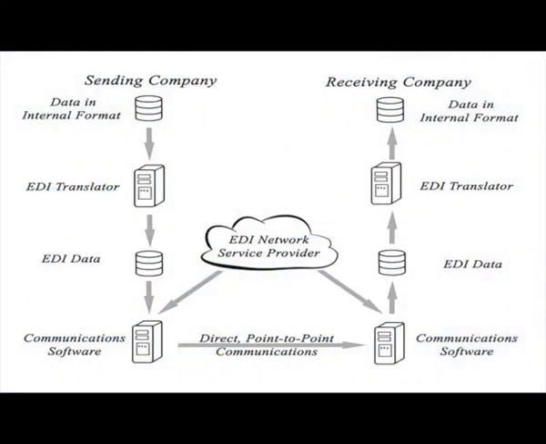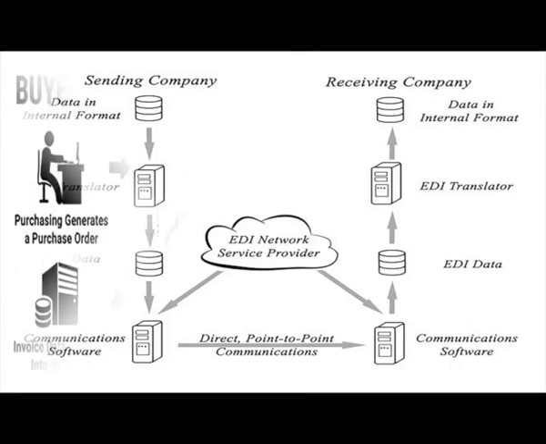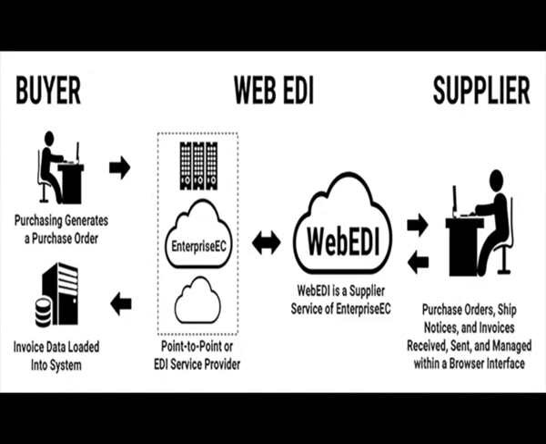The next is internet-based EDI. Recently, internet-based EDI, also known as web-based EDI, is becoming very popular. Earlier, EDI was conducted on private communication networks. Today, however, EDI messages are often sent and received over the public internet.